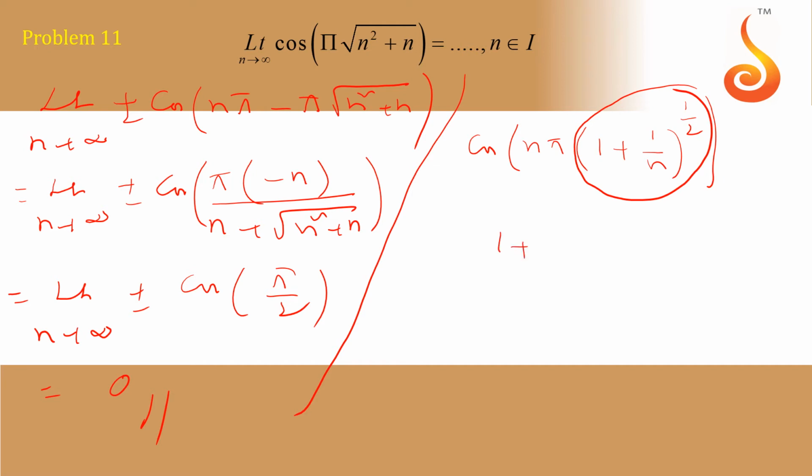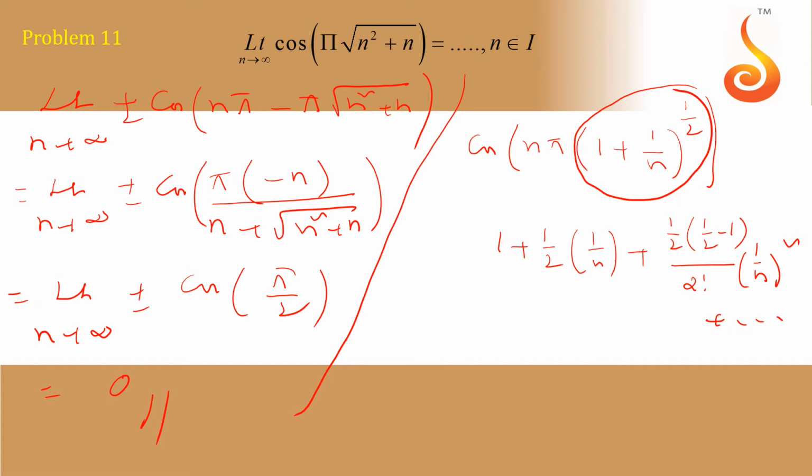So can I write this as 1 plus 1 by 2 into 1 by n plus 1 by 2 minus 1 by 2 factorial 1 by n whole square.